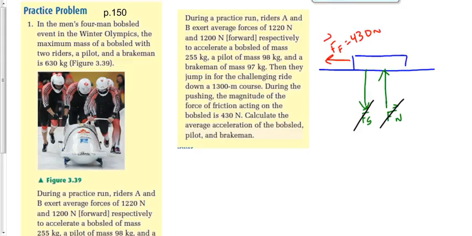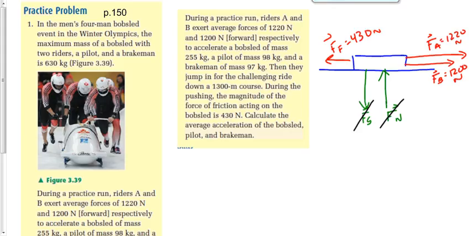What else do I got? I got 2 other forces, right? Rider A pushing with 1220 newtons to the right. We'll call that FA. And rider B is 1200 newtons to the right, just slightly shorter than FA. I think that's it, isn't it?